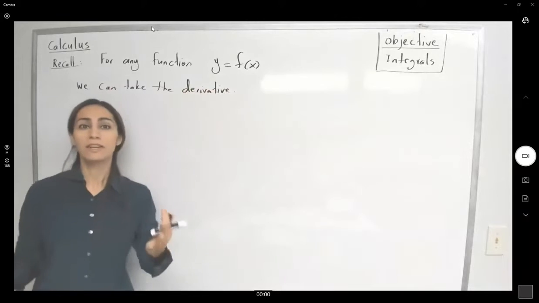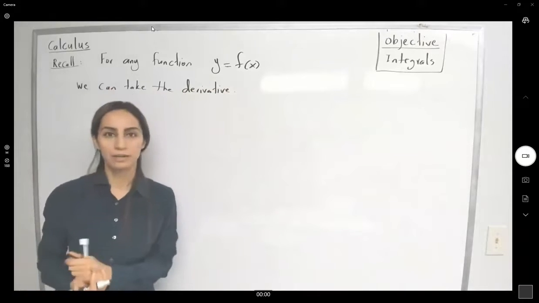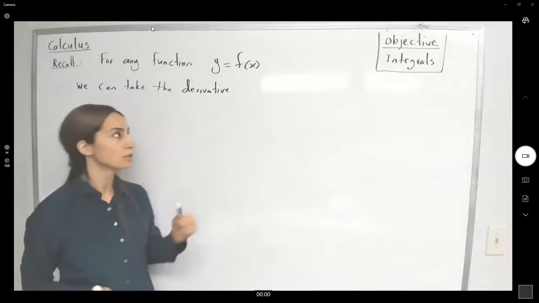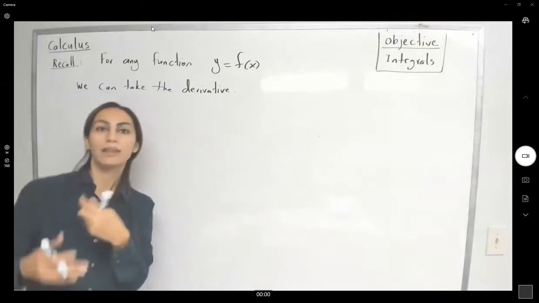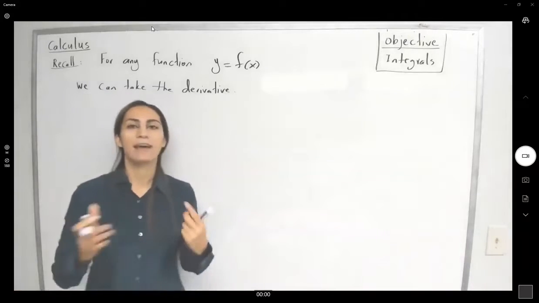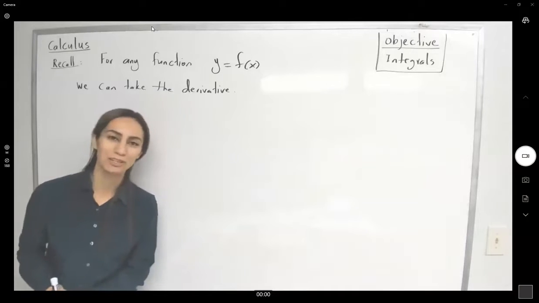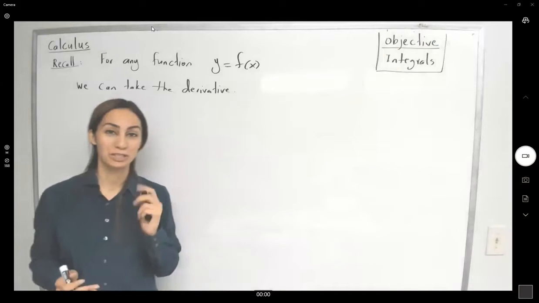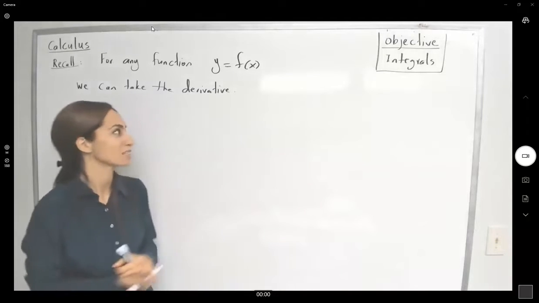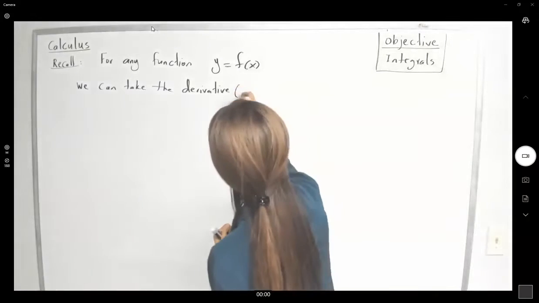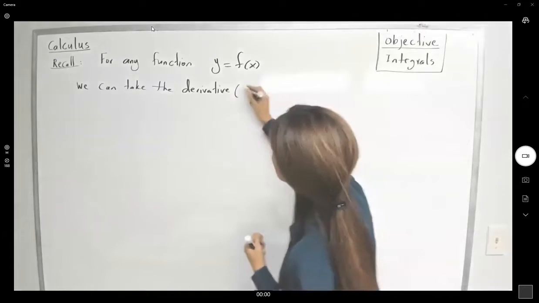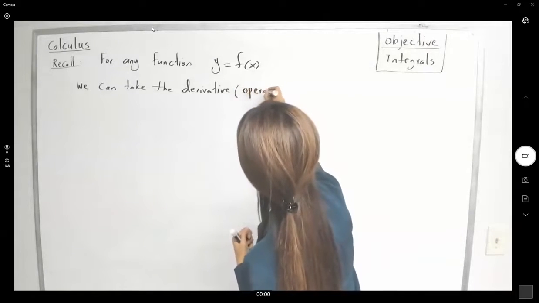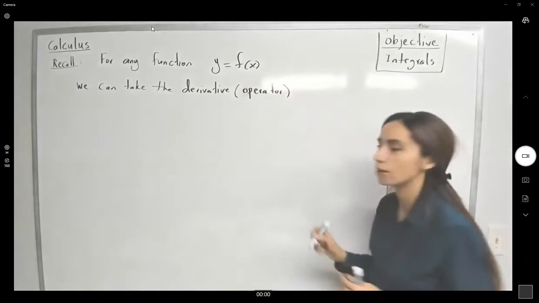Well, derivative is an operator. In linear algebra, you're going to see what an operator is and how to apply an operator to different objects, that later on you see we're going to work with matrices. So the derivative is an operator. Now, how did we define this operator?